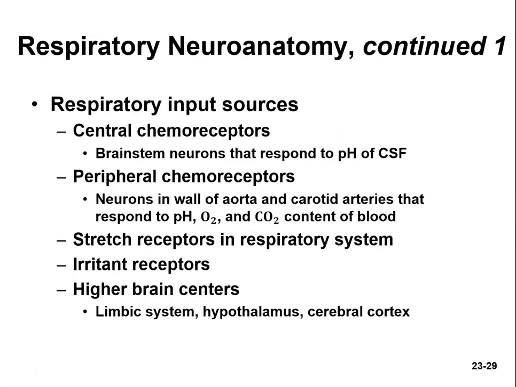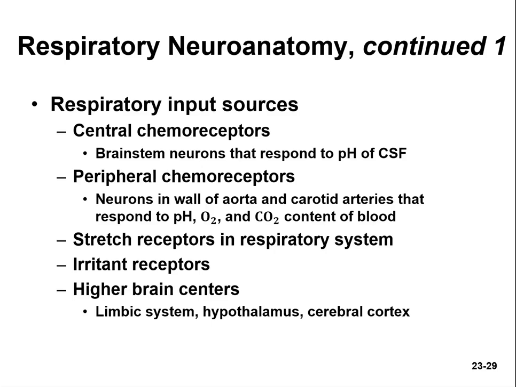Again, you have chemoreceptors. Central chemoreceptors are brainstem neurons that respond to the pH of cerebrospinal fluid based on oxygen and carbon dioxide. Peripheral chemoreceptors are neurons in the wall of the aorta and carotid arteries that respond to pH, oxygen, and carbon dioxide content of the blood.